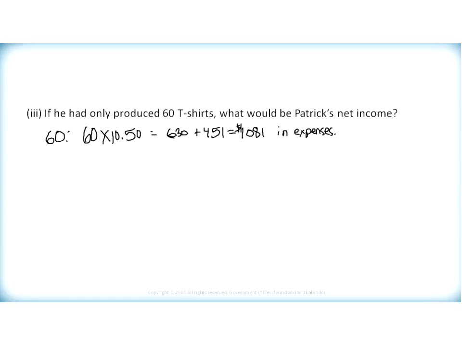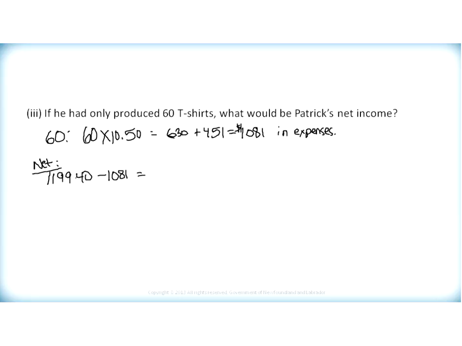His total income for that month was $1,199.40. So his net would have been $1,199.40 minus the $1,081 in expenses. So I put that in my calculator.